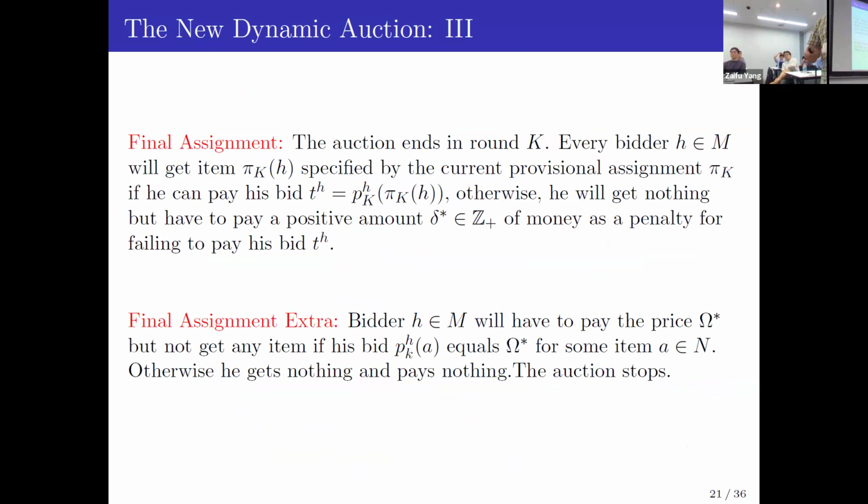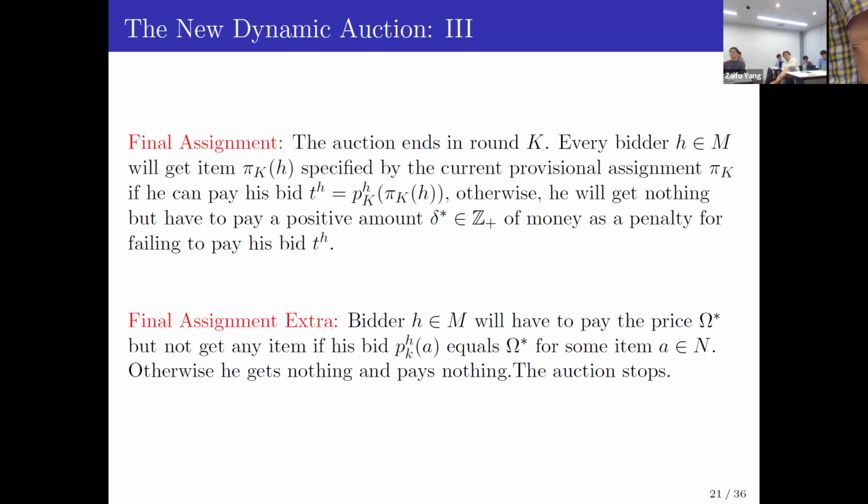So the auction ends at some state K. Then every bidder will get an item from the currently chosen assignment by the auctioneer, if he can pay his current bid.